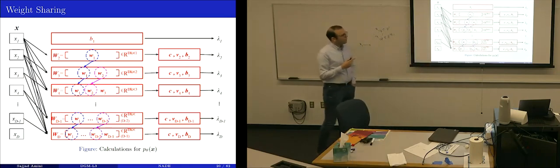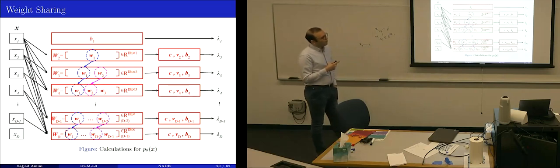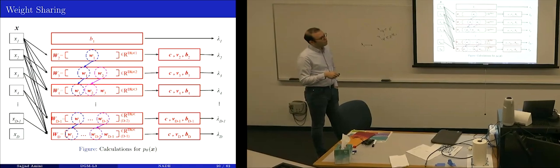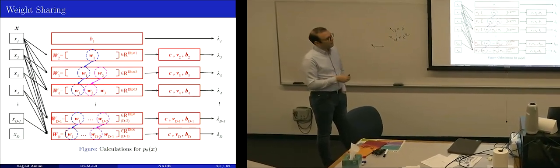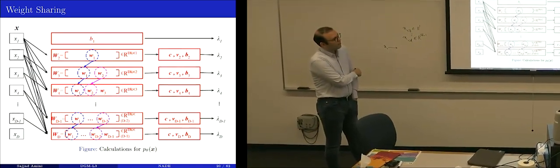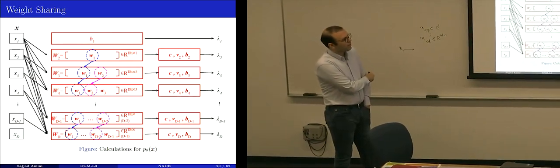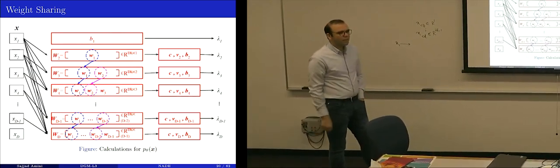So you see that I just need this matrix, and having access to this matrix, I can generate all of these W matrices. So the parameters are shared, and the generation is better in the case that you have a limited number of samples.